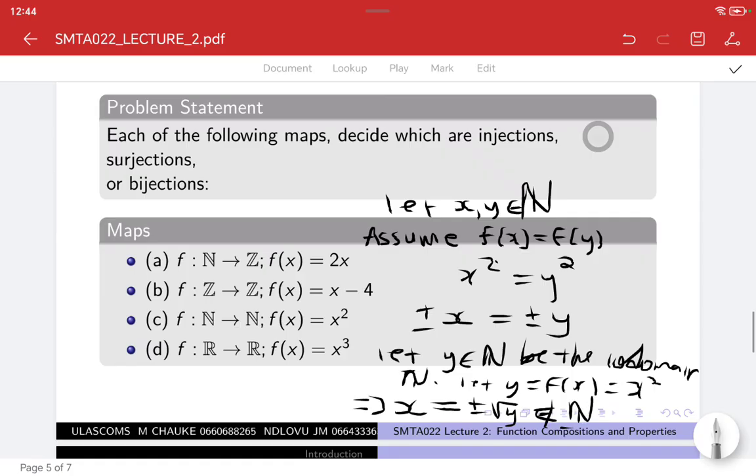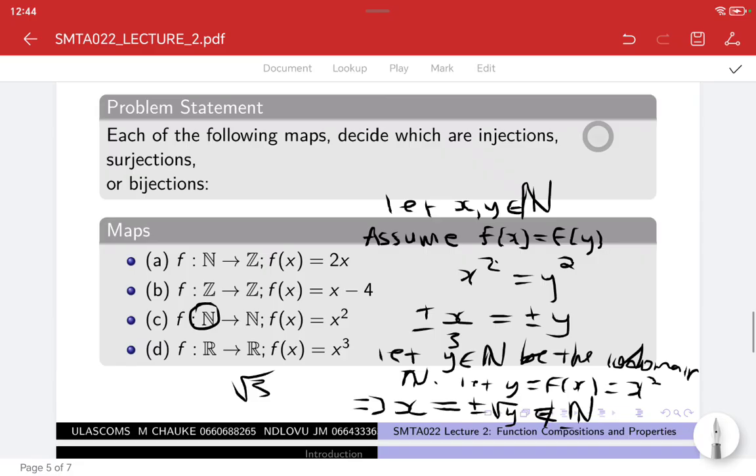Reason being, even if we forget about the plus or minus, let's say I take 3 from y. When I take 3, I'm going to get root of 3. Is root of 3 a natural number?